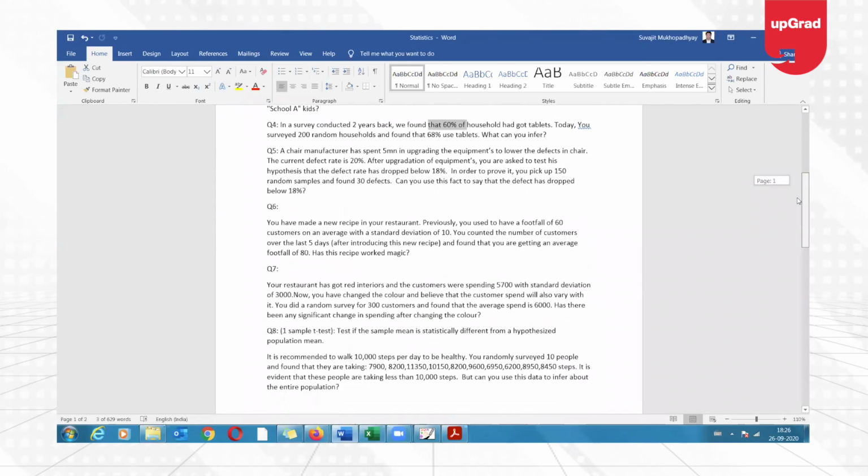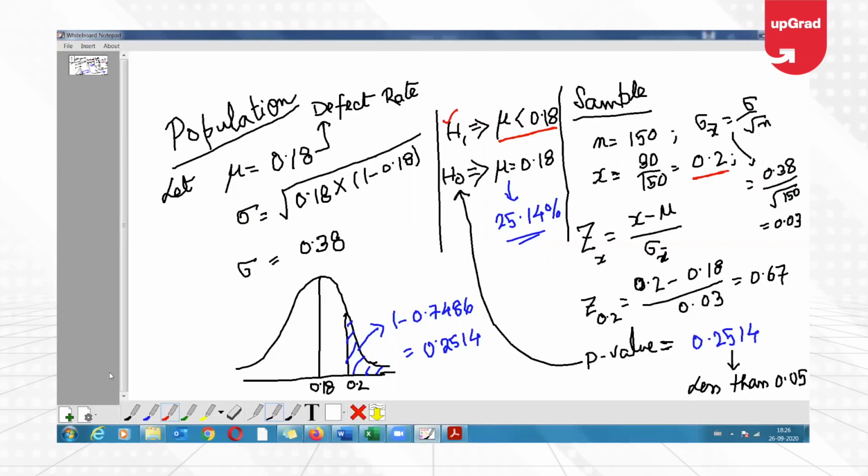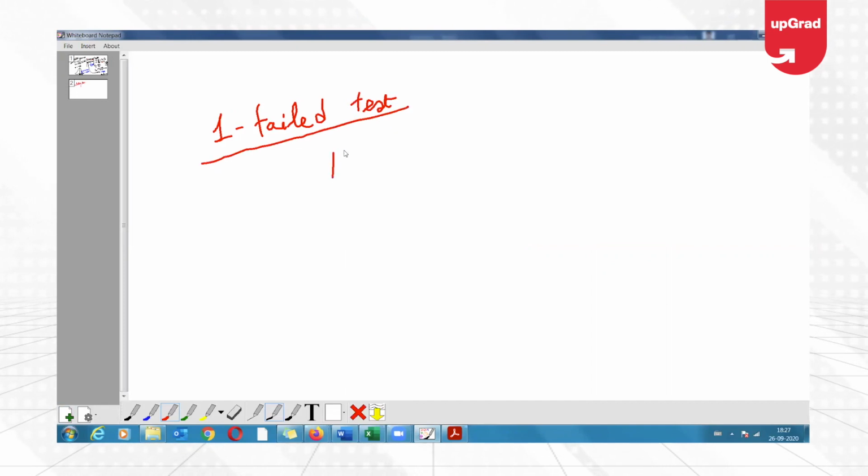So far, all the problems we have solved are part of a one-tailed test. Now, what does that mean? If you look at our alternate hypothesis, we had said mu less than 60%, right?